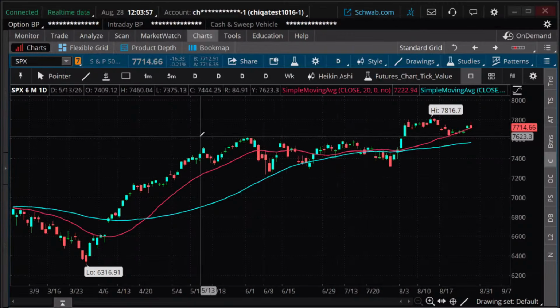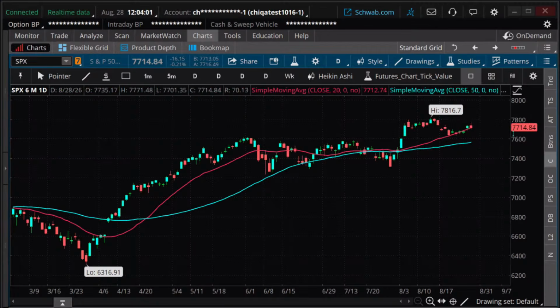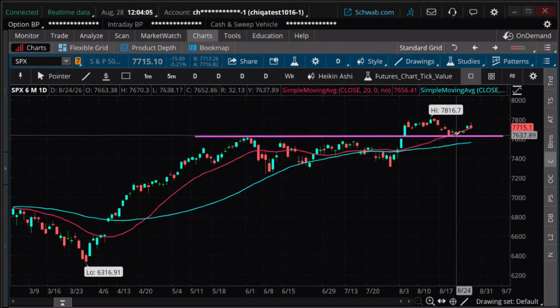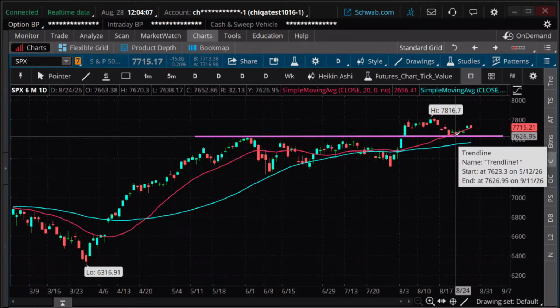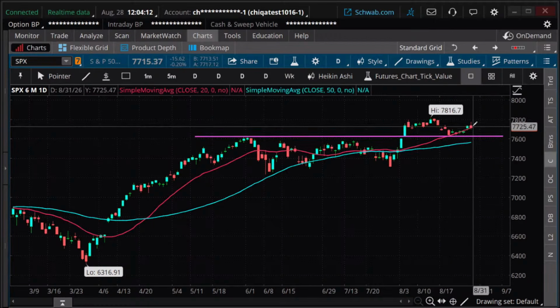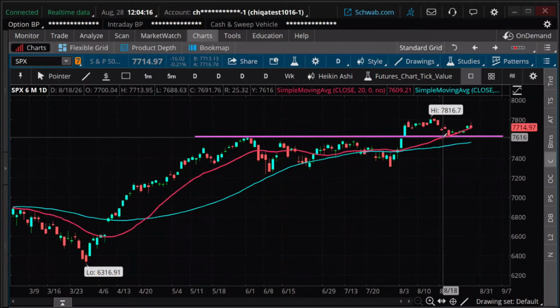Looking at the SPX, it appears we just bounced off a key support level, and we're hanging with the 20-day moving average, that red line. The general trend is up.